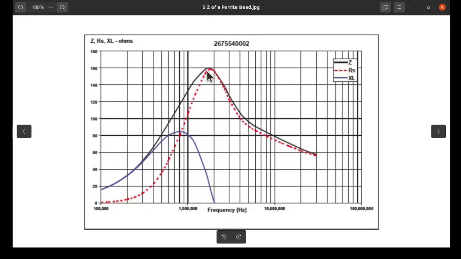Now this black line is the impedance, and you can see that the red line that is hugging it so closely is the resistive element of this impedance, where when we get down into this region where the resistance separates from the Z, it's by virtue of the reactance that is presented by the core material. So this is a frequency plot of the common mode rejection for one core, this part number.